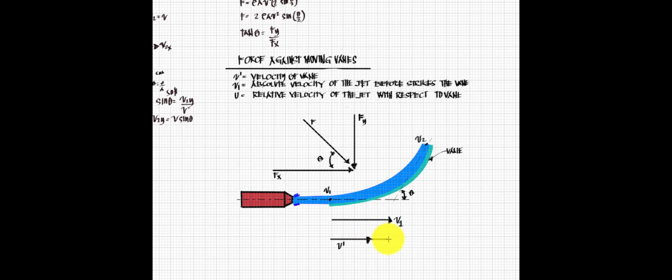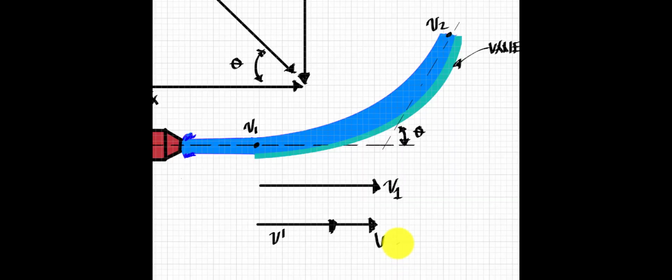So this is our u. Then u can be represented as v sub 1 minus your v prime.